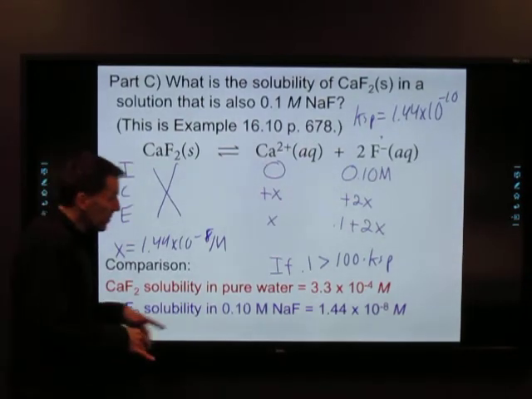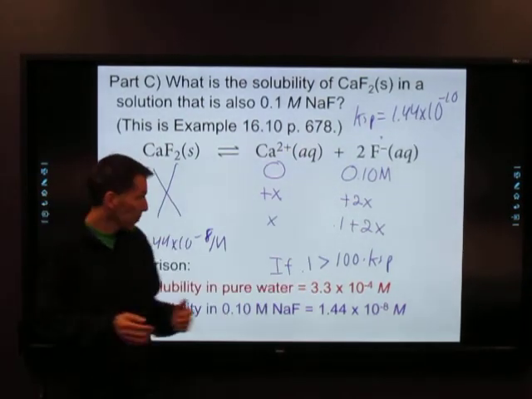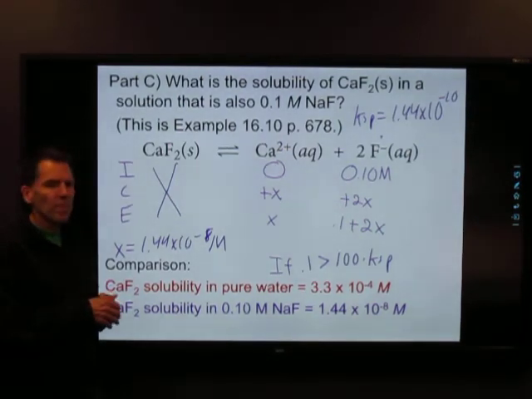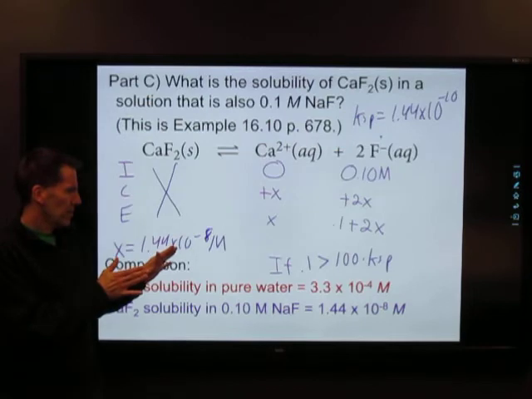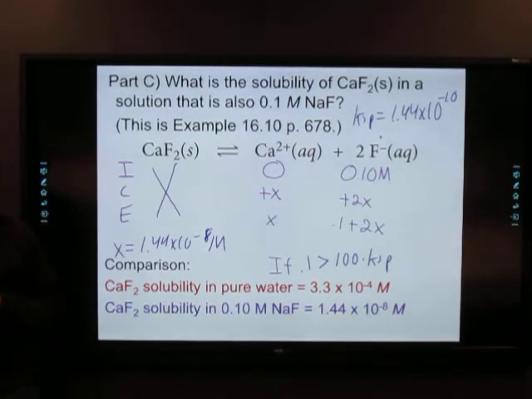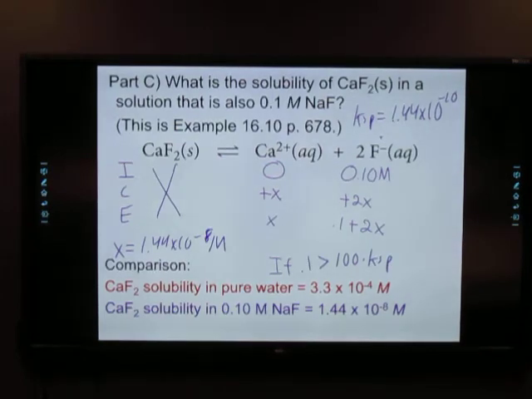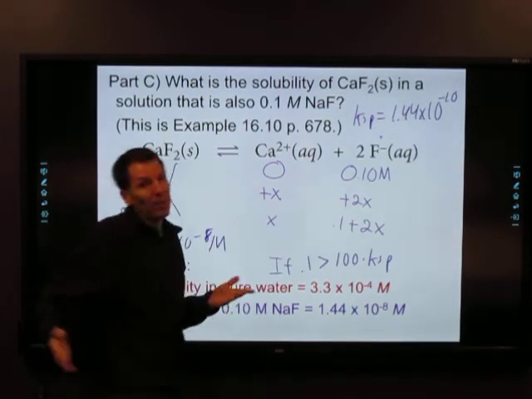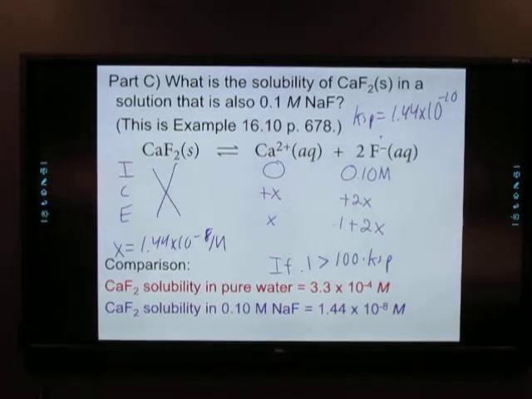If you were to divide these on your calculator, you'd get an answer that was about, looks like 20,000, I think, or 200,000, maybe. Some 20,000. And so that's the amount the solubility decreases by adding a common ion. If you increase this one, the other will go down. That's the way constants work.